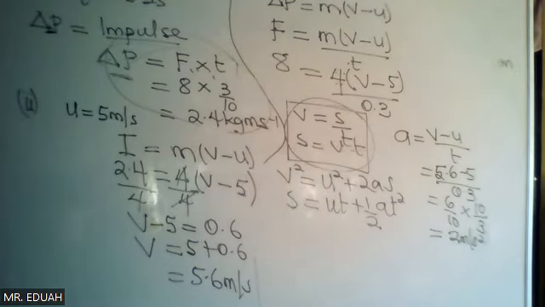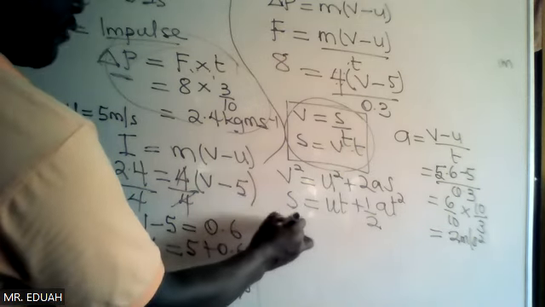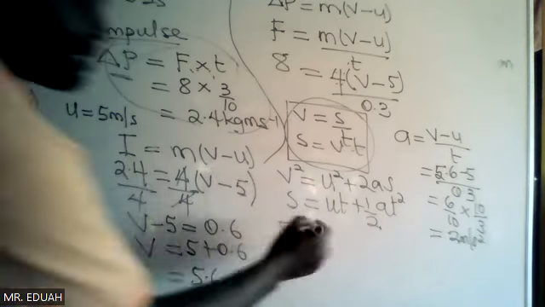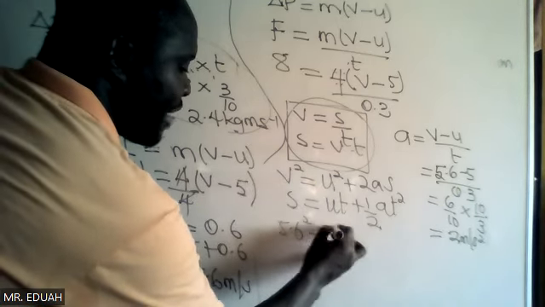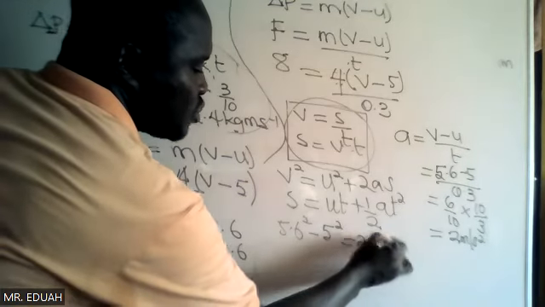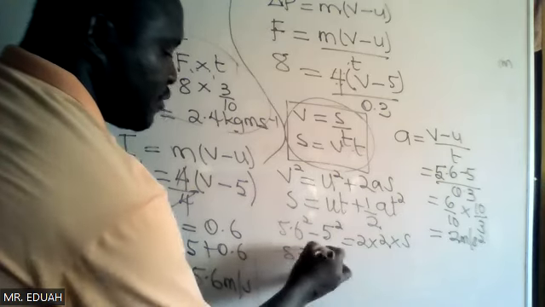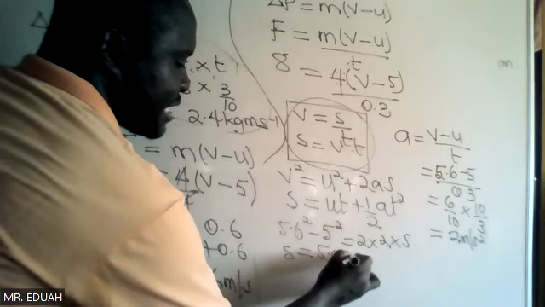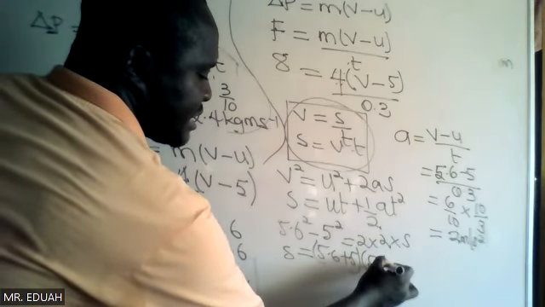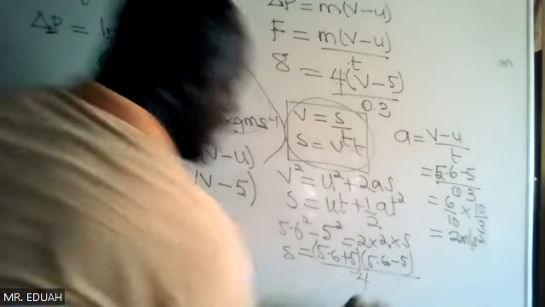A is 2. If A is 2, then 5.6 squared minus 5 squared is equal to 2 times 2 times S. Therefore, S is equal to (5.6 plus 5) times (5.6 minus 5) all over 4.